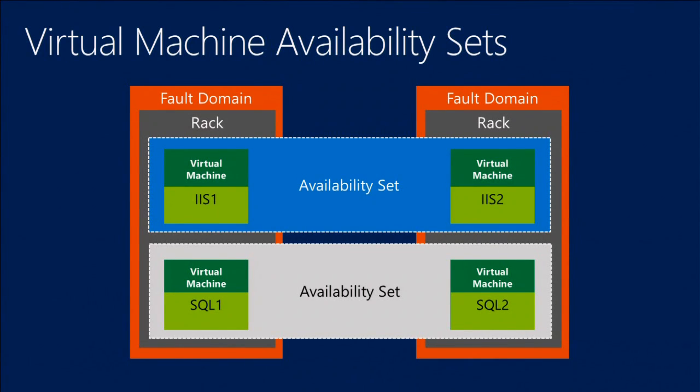So you will have your VMs load balanced and placed inside separated fault domains and update domains, so that in case of any update, Microsoft will not apply the update on both the racks, on both the update domains at the same time, but will apply the patch first on one and then on the other.